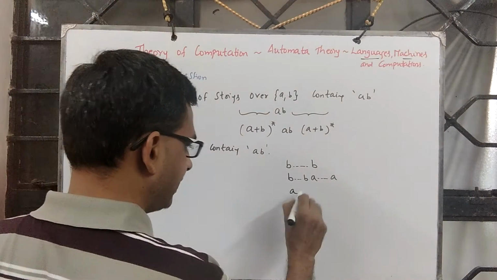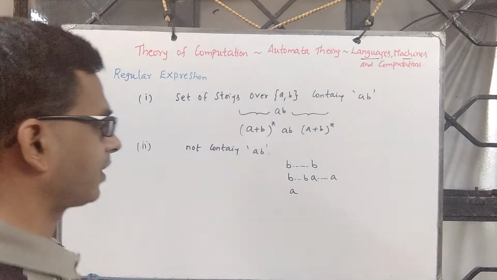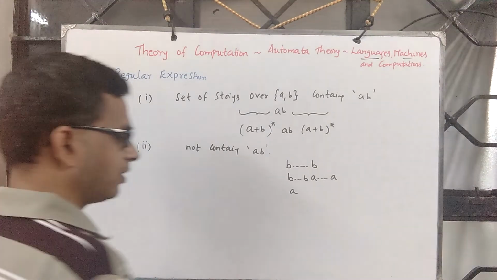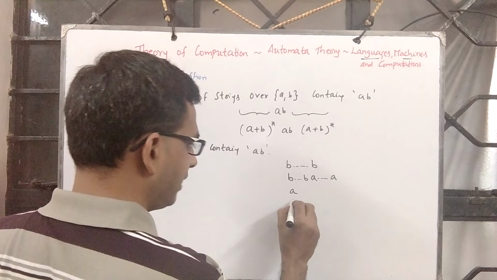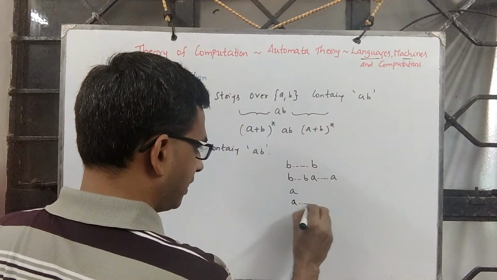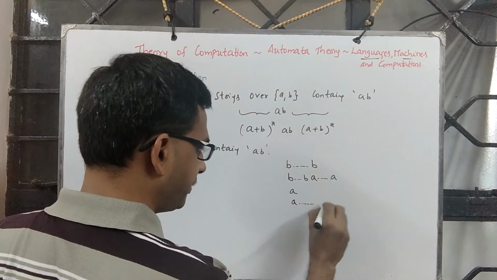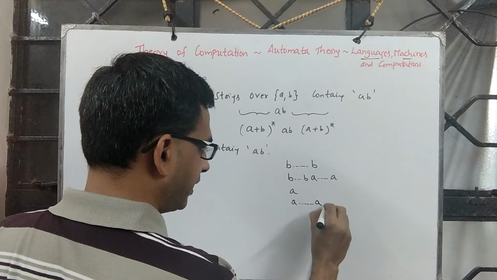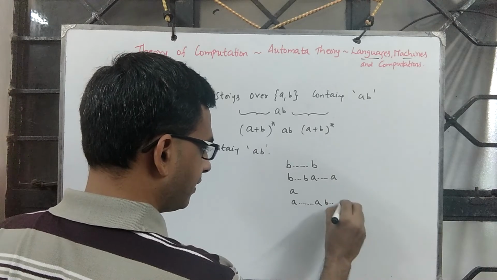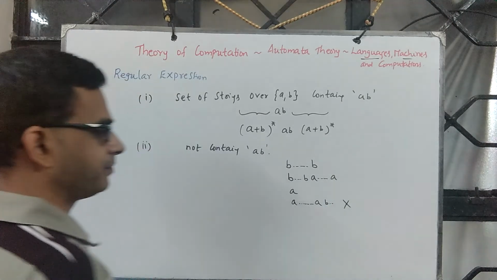Exception, one can read just a. Just a is allowed, but the moment we read a, we should continue to read a, and the moment we read a b, it becomes invalid.